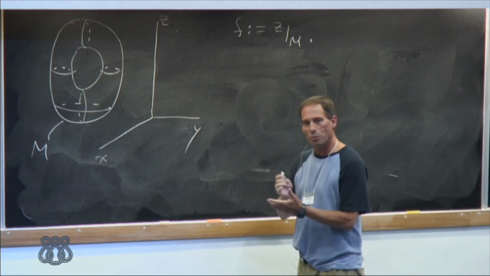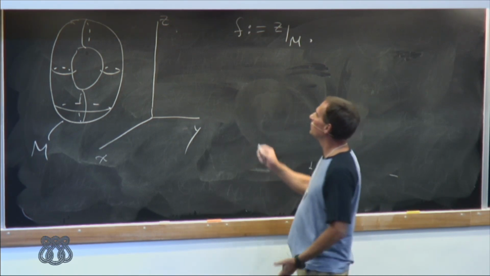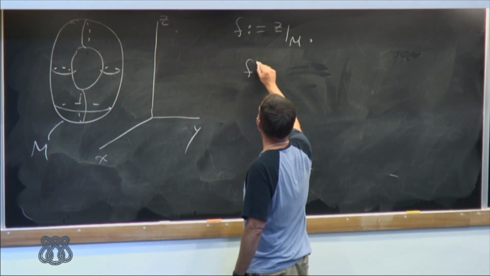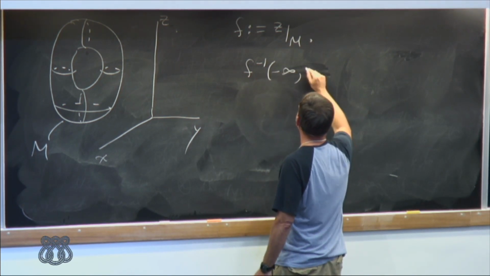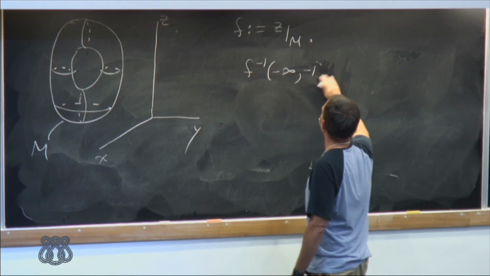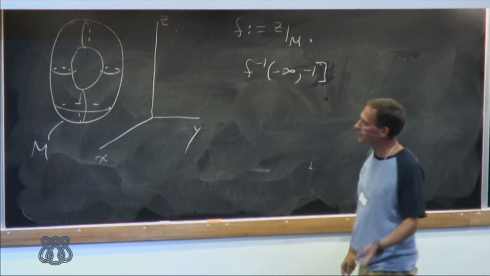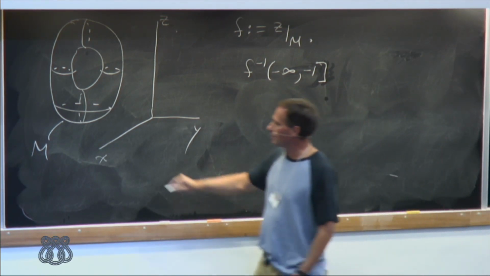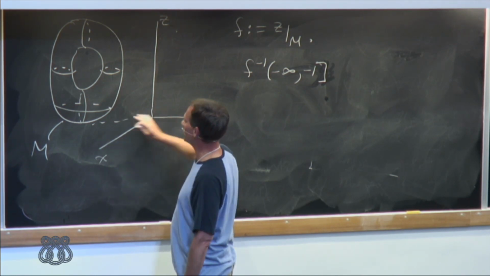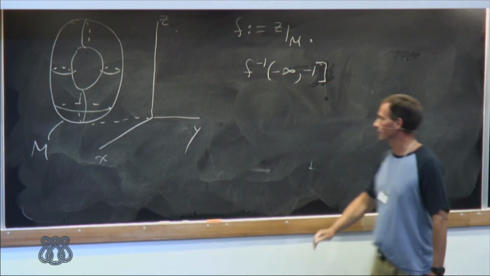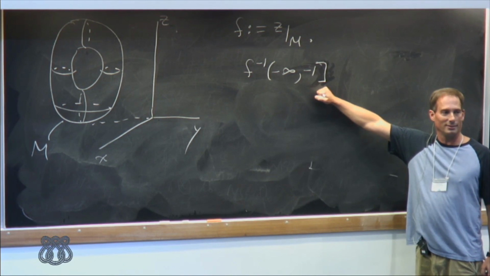We want to look at what happens at the critical points, which are easy to see. So let me look at f inverse of the interval from minus infinity to minus 1. Okay, I mean that this is at z equals 0. So there's z equals 0. Quick, what is this?